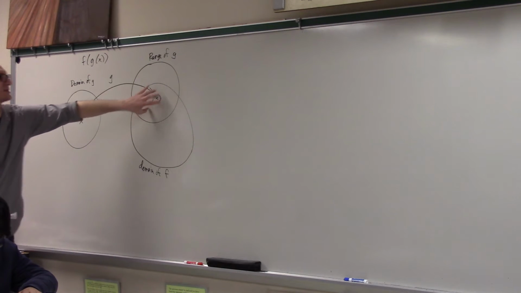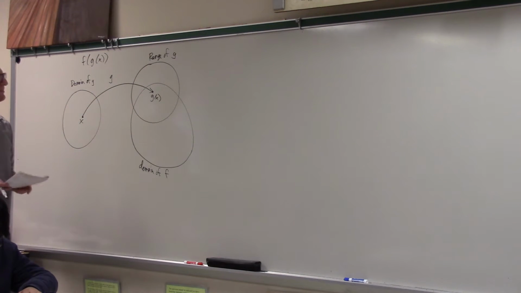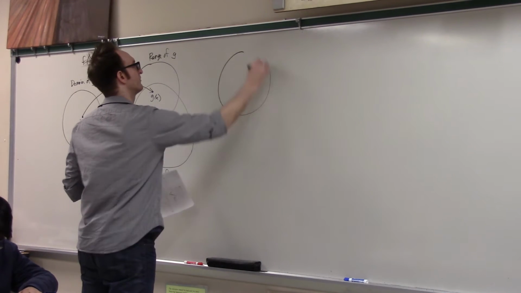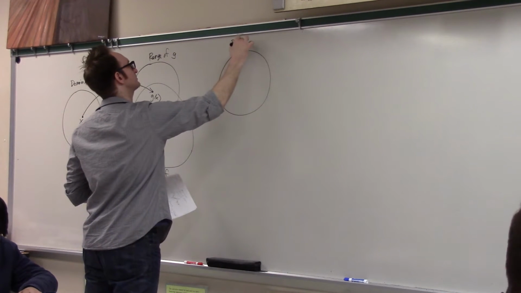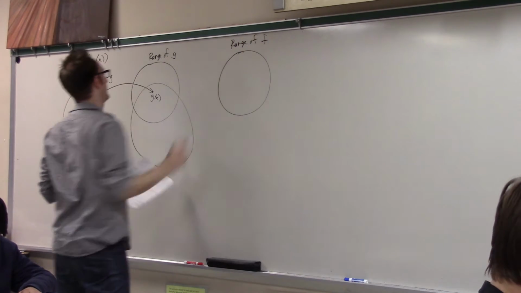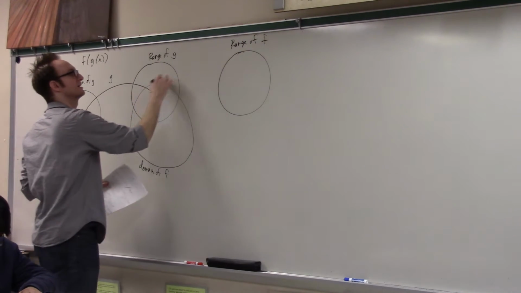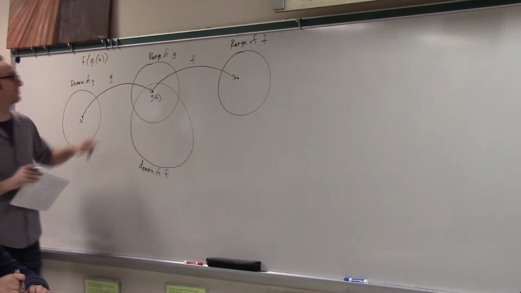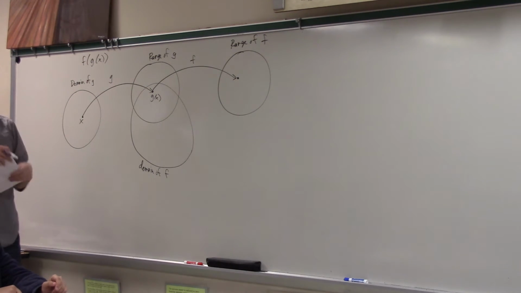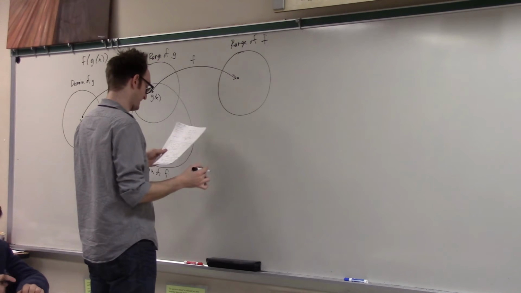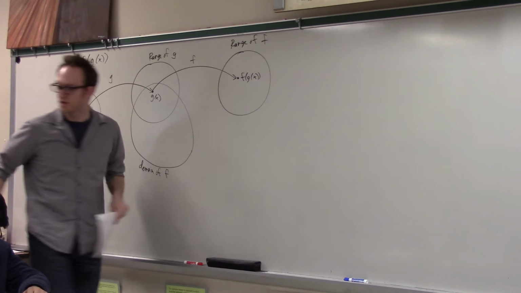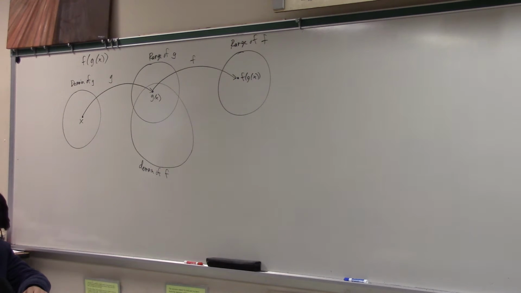All right, but hopefully there's this healthy overlap, and then what next happens is that we have the range of f, and well, that's just what the f function does. The f function takes us from a particular element in its input to its output. And so here we get f of g of x. Okay, that is the static picture of what's going on.